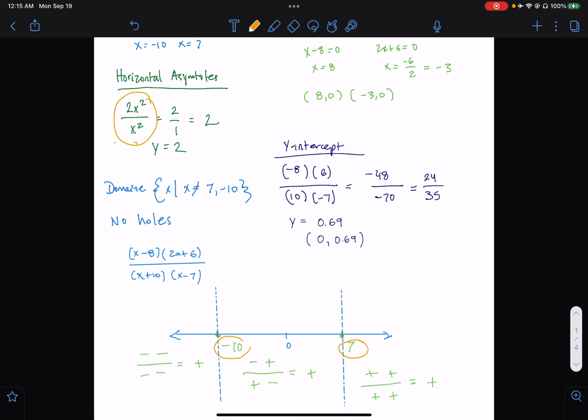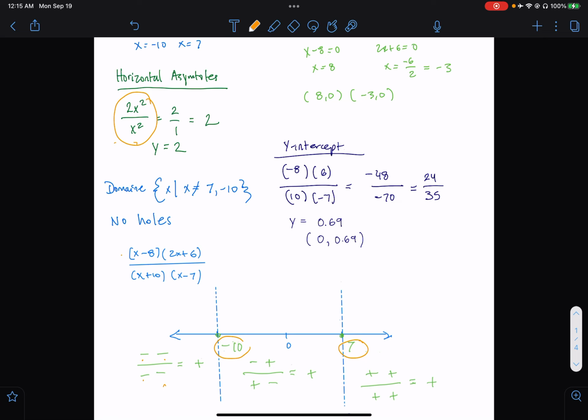So as you see here, I have a negative, a negative, a negative, and a negative. Those are the numbers I concluded with after plugging in -15 into the original rational function, and a negative times a negative divided by a negative times a negative is equal to a positive.